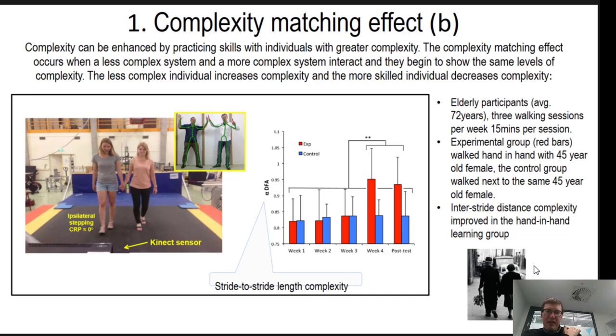Just if they were to put their hand on your shoulder without putting their weight on it, their postural stability will improve dramatically. Okay, so it's interesting that we can improve our postural stability or walking stability by walking with younger and healthy adaptive individuals. Okay.